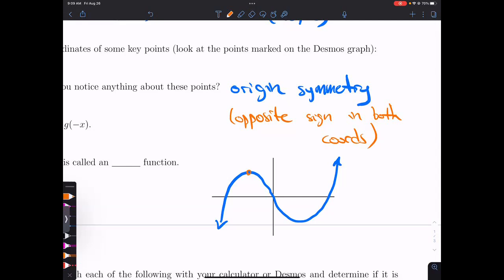It's on the left, but its y would be positive. Its mirror image point would be down here. X would be positive, y would be negative, right? So again, it's opposite in both senses. In both coordinates, the signs are opposite. Okay, so that's a thing that has origin symmetry. That's kind of how you spot it visually.